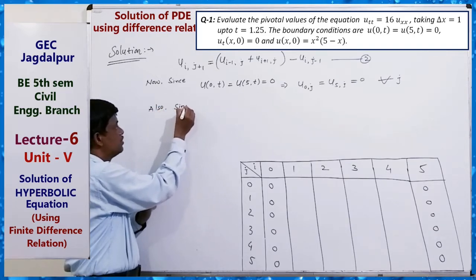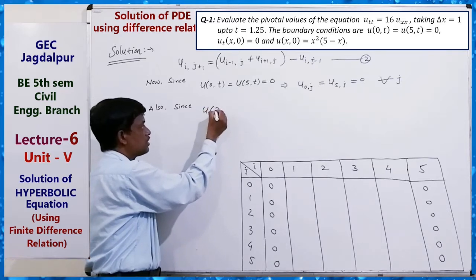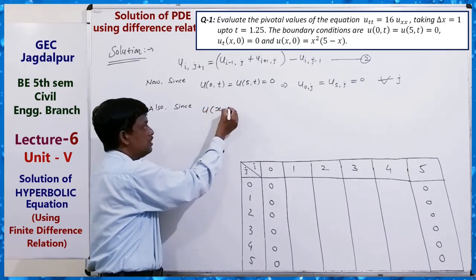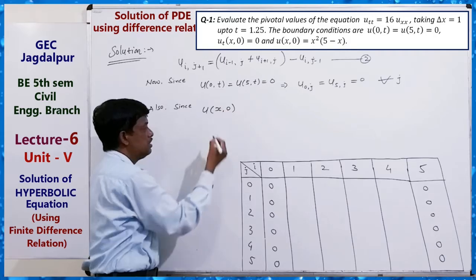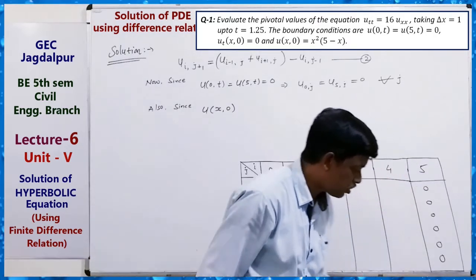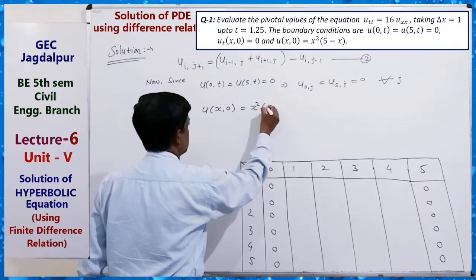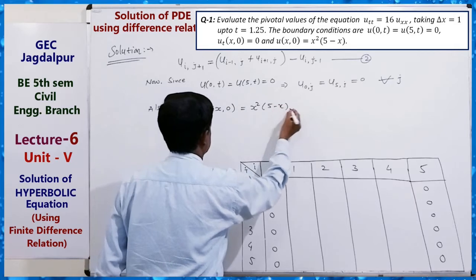Initial condition means what is given: u x 0 equals x square into 5 minus x.